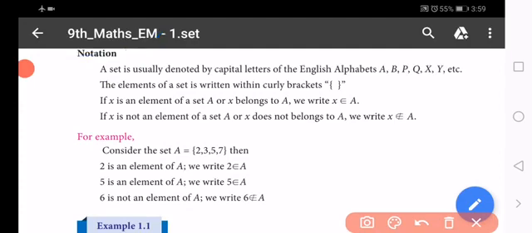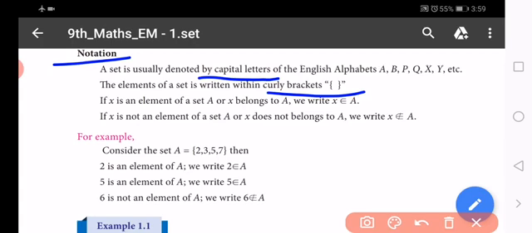After that, we learned the topic notation. Notation means each and every set is denoted by a capital letter in the English alphabet, and the elements of a set are written within curly brackets or braces.